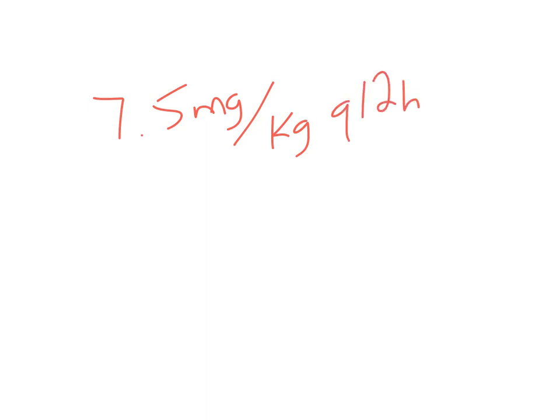It says we have 7.5 milligrams per kilogram. Sorry, I always try to write this too fast. Intramuscularly every 12 hours. Available is the same medicine, but it's available as, I'll write this in green because this shows what's available, 0.535.